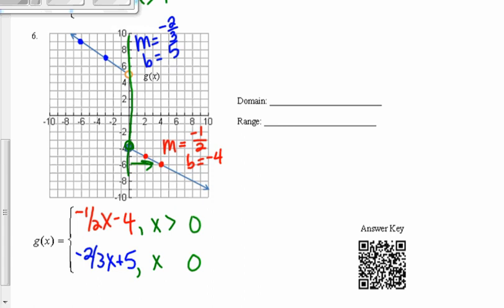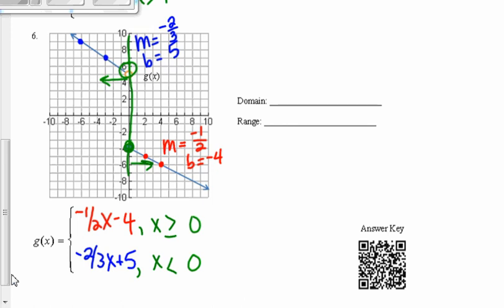And if you notice, it starts with that closed point, so it will be equal to as well. For the part I have in blue, -2/3 x plus 5, it goes to the left of this vertical line, so it's less than, and it starts with an open point, so I'm not going to include the equal to there. So my equation of this piecewise function is finished.